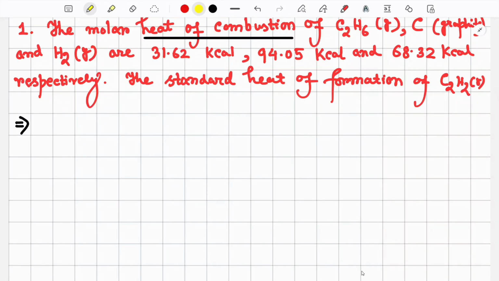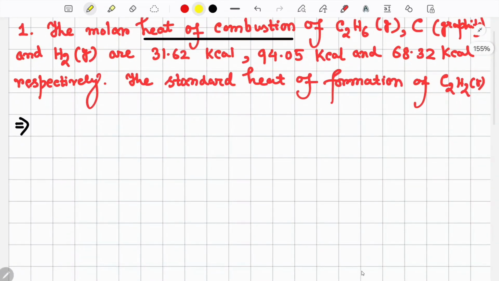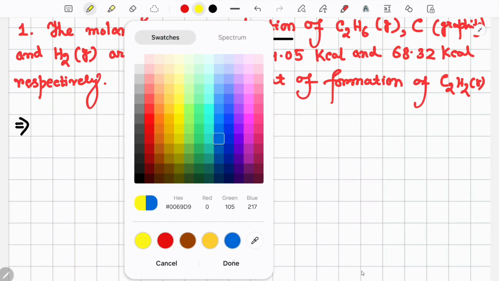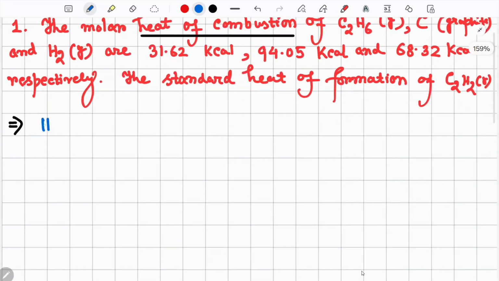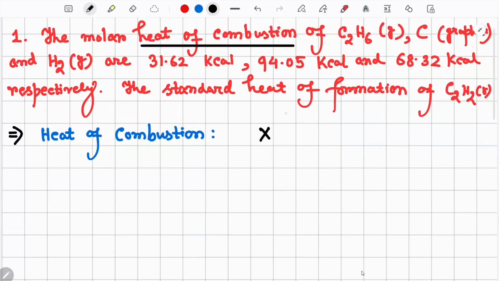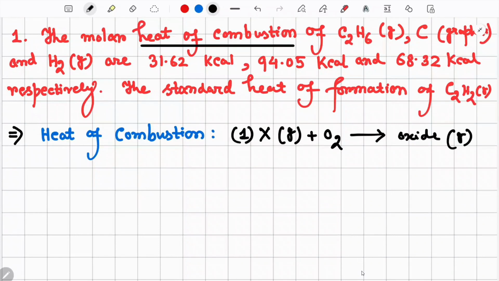That is important. Let me write heat of combustion, defined as: let's say you have a species X in gaseous form. When you burn that species in air, it will form oxide. You have to consider 1 mole of that species.